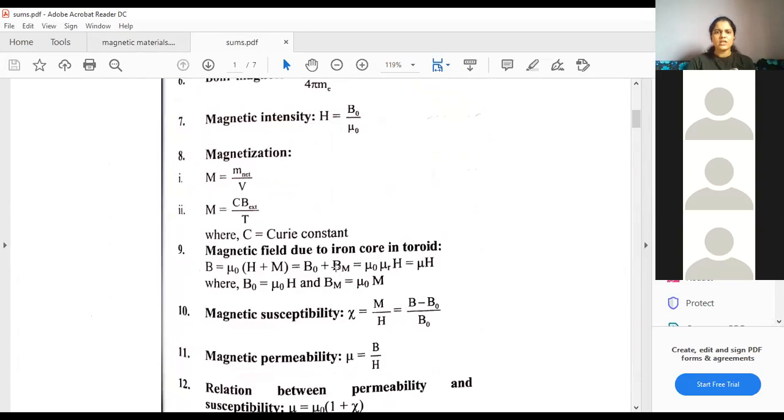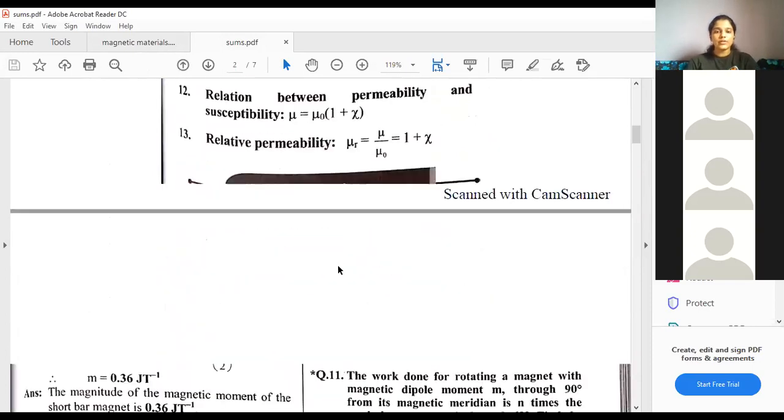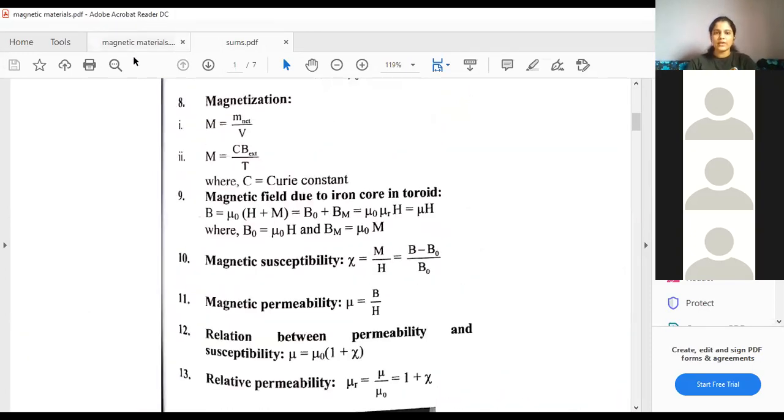Okay, fine. All right. Now what we'll do is let us begin with the numericals. First let us read this third question. Please concentrate on the third question, and I want you to read it along with me. Please pay attention and try to think what formulas we can apply over here.